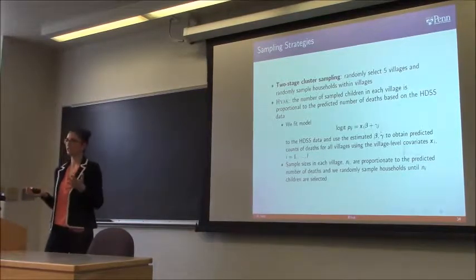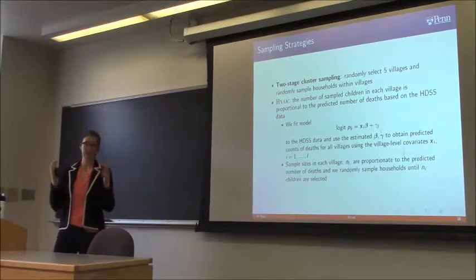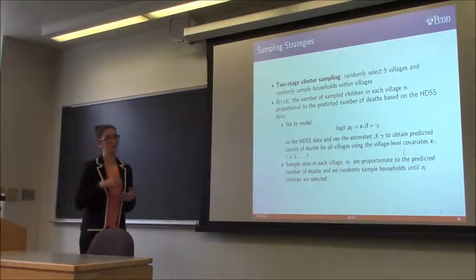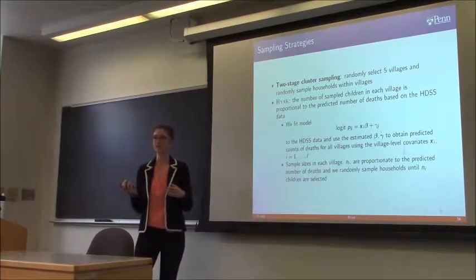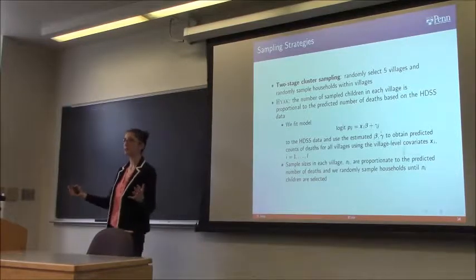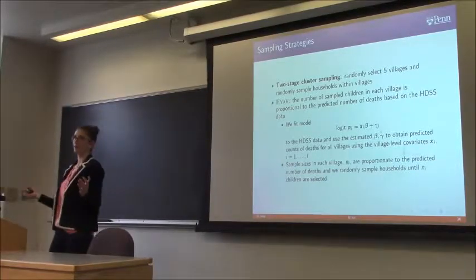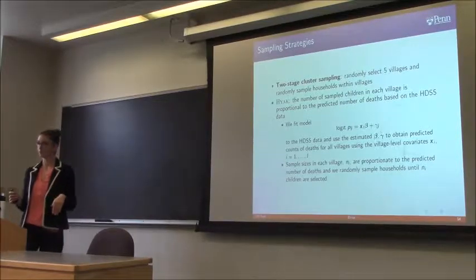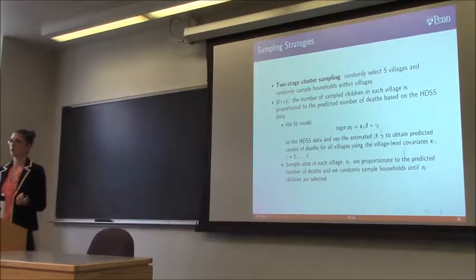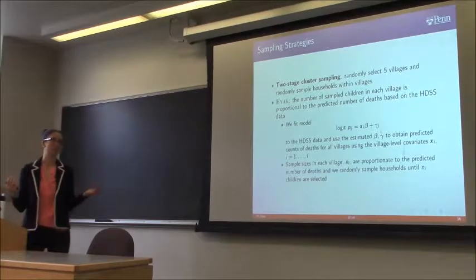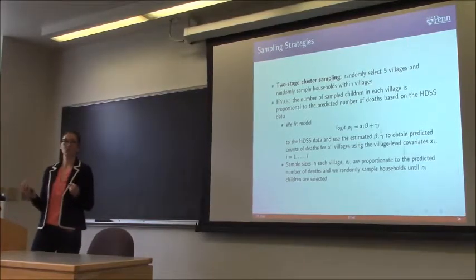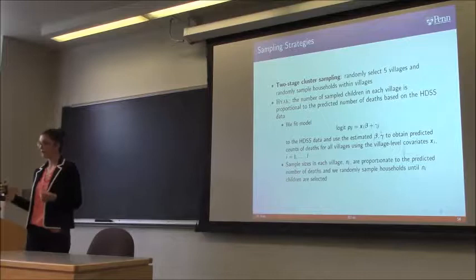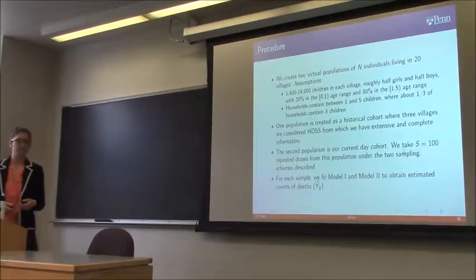Using the HDSS data, I'm going to create a model for the association between village level covariates and the probability of death, and extrapolate to all villages in my study area to get a prediction for the probability of death and subsequently the counts in each area. And I'm just going to sample proportionately. That means if I think that your village has more deaths, I'm going to sample you more heavily.